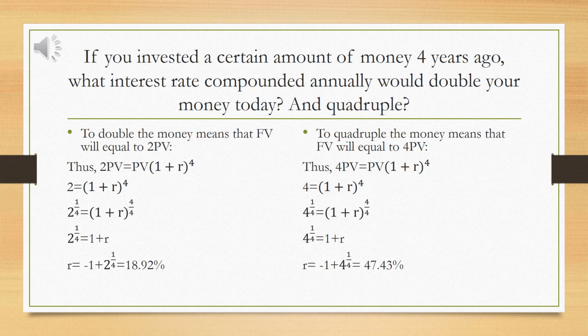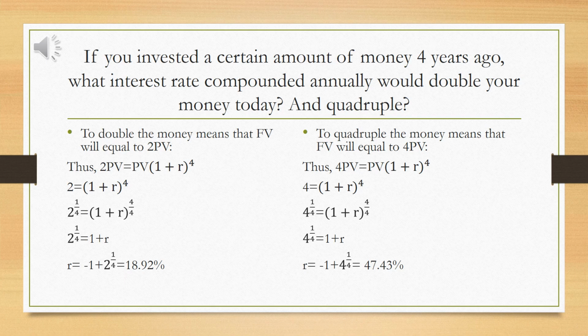If you invested a certain amount of money 4 years ago, what interest rate compounded annually would double your money today? What interest rate compounded annually would multiply your money by 4? To double your money means that future value will equal 2 times the present value.